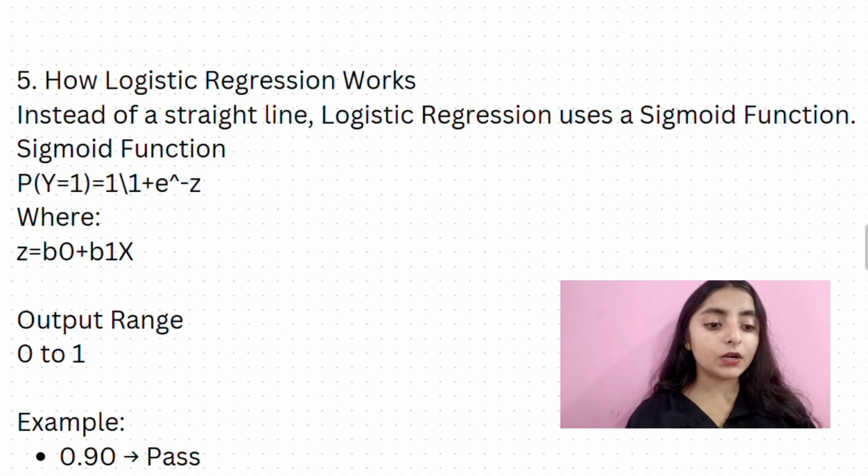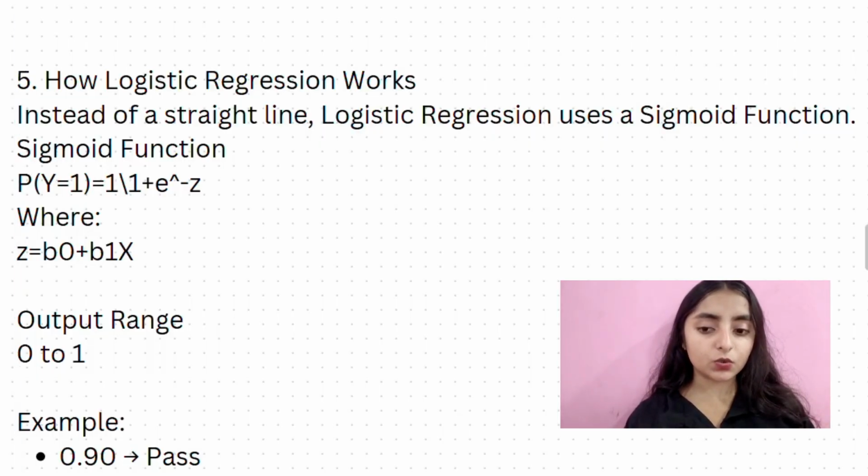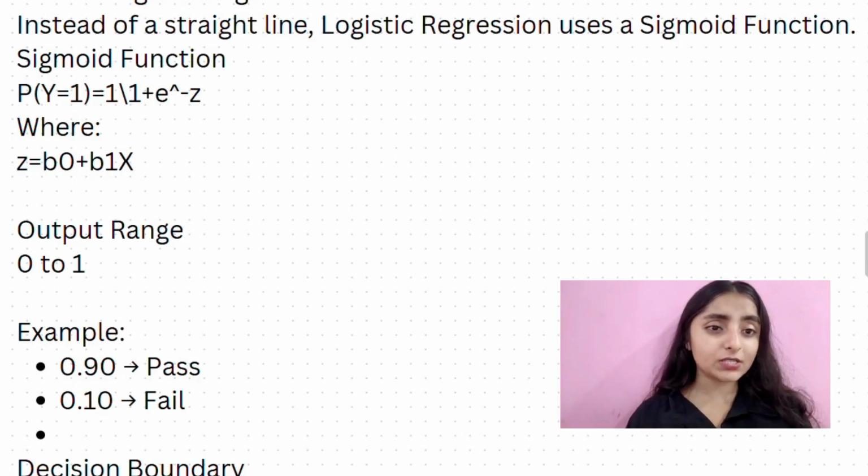So logistic regression is mainly used for classification problems such as spam detection, disease prediction, fraud detection, and also yes or no, pass or fail. If we want to predict whether a student will pass or fail, we just see how the student is studying. If he writes the exam, he can pass or fail. We don't know the actual predicted outcome, whether he will pass or fail, but an output will come.